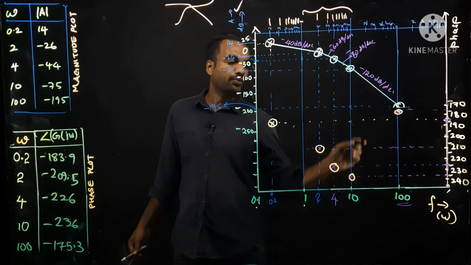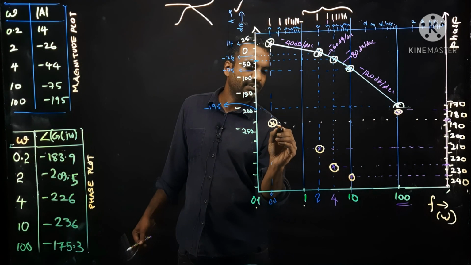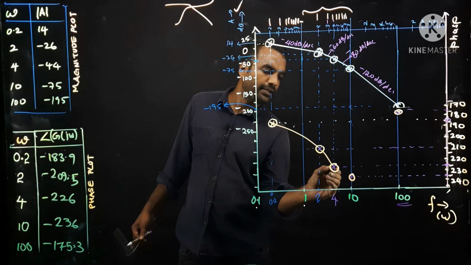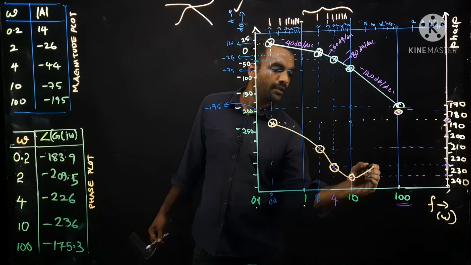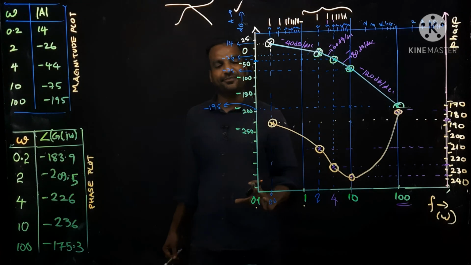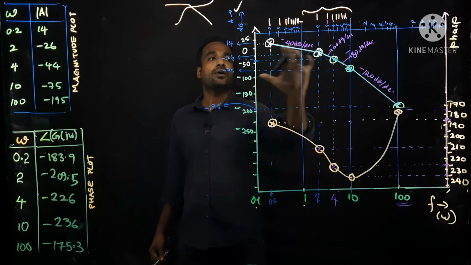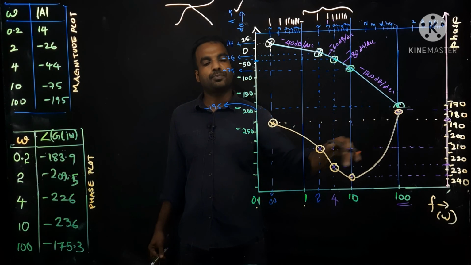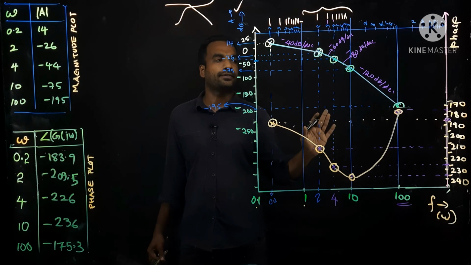So I am going to connect all the points. This should be done freehand. That is the method of drawing the phase plot. The magnitude plot you have to draw with a scale, and the phase plot you have to draw freehand.